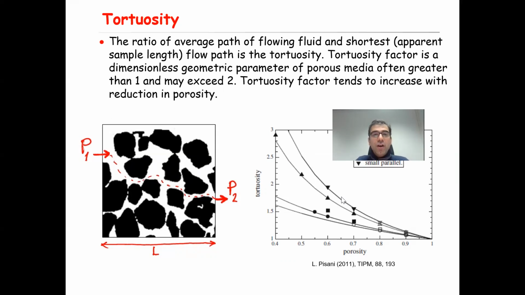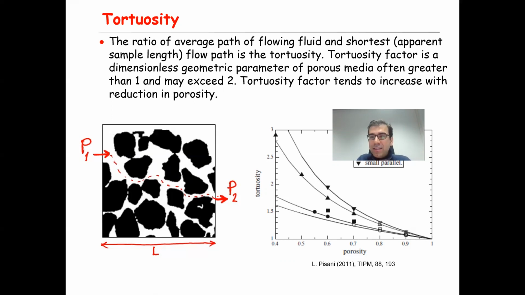Basic tortuosity is defined as the ratio of the average path of the flowing fluid, this dashed line for example, that is the path that the flowing fluid is taking, divided by the shortest flow path, here L.